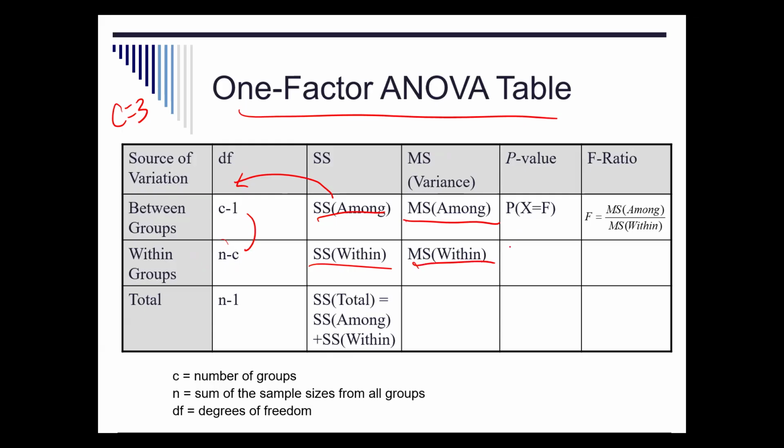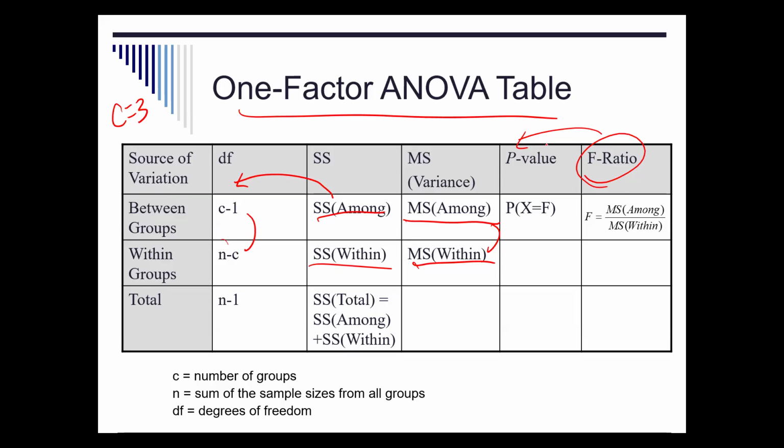Then the F value is the mean square among over the mean square within, the quotient of those two. The F value gives us the P value. That's basically the mechanics behind the one-way ANOVA table.